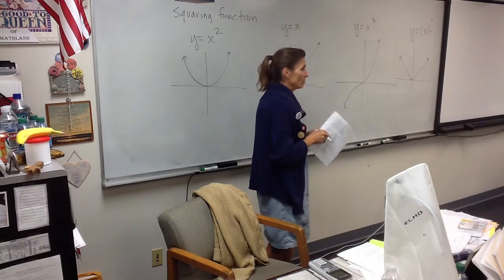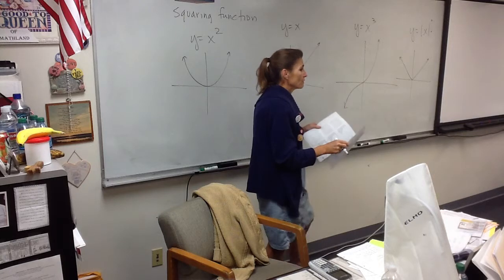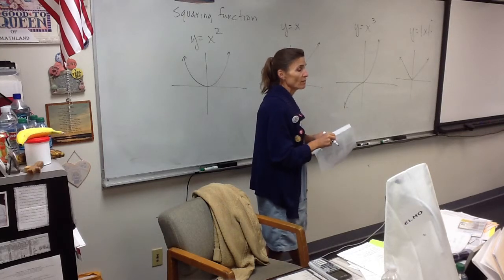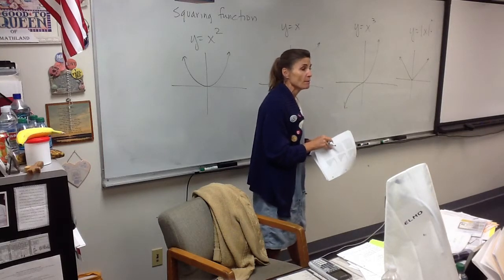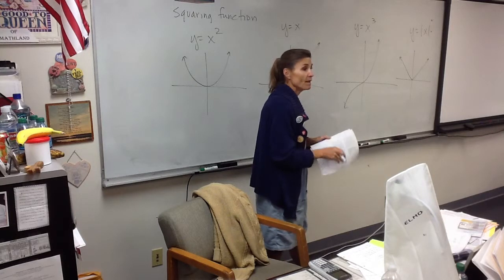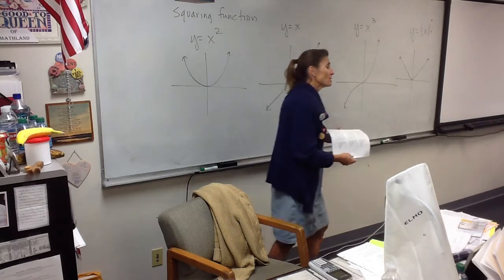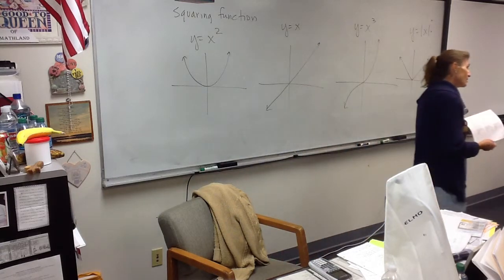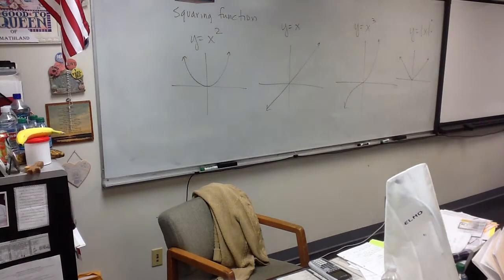Now, look in your book. The two curves that kids have the most trouble with in terms of memorizing the shape are the sine and the cosine. And why do you think we have trouble memorizing them? It's not the shape that bothers us, it's keeping them separated, because they look very much the same, don't they?